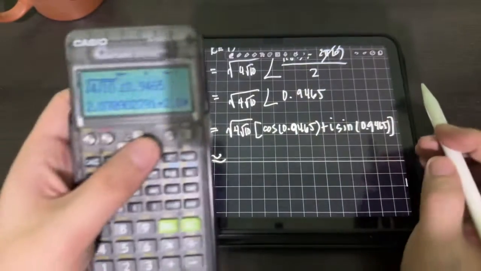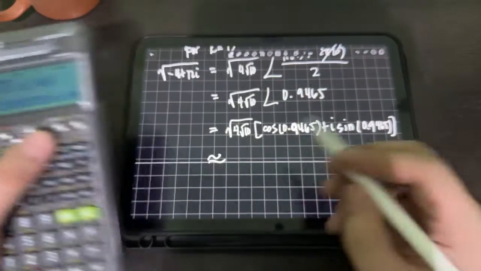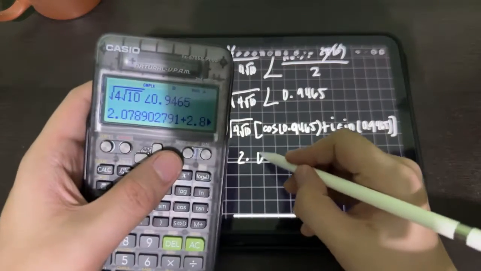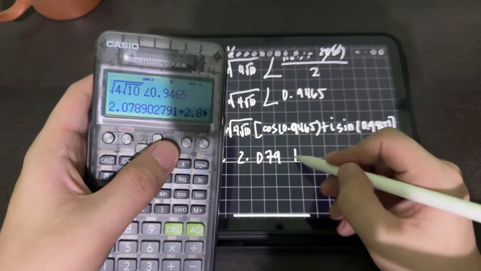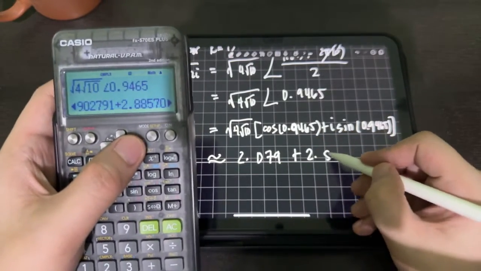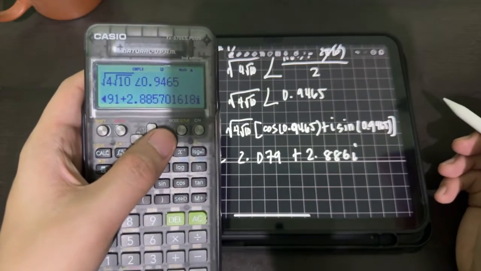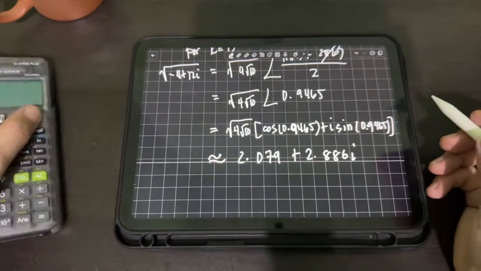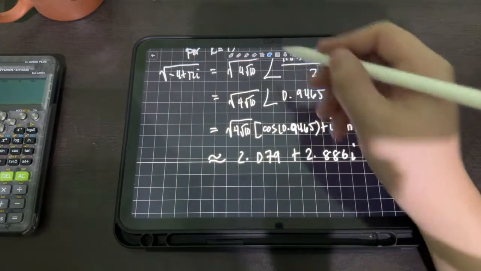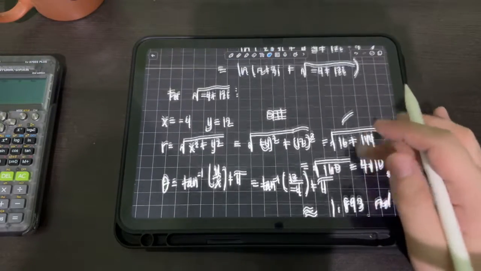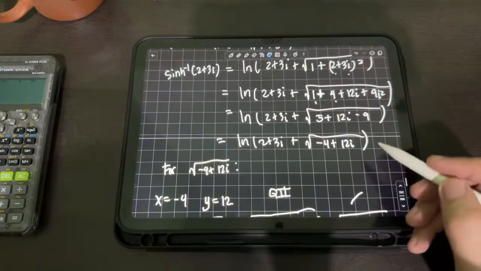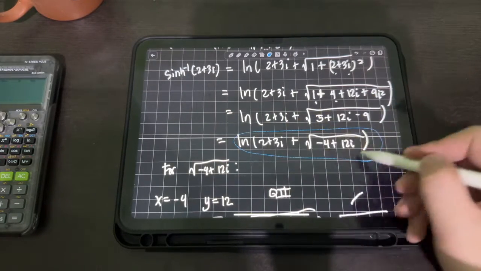You can get the approximate rectangular form 2.079 plus 2.886i. Okay. And then we plug in this value of the square root into the formula for arcsinh, this one.